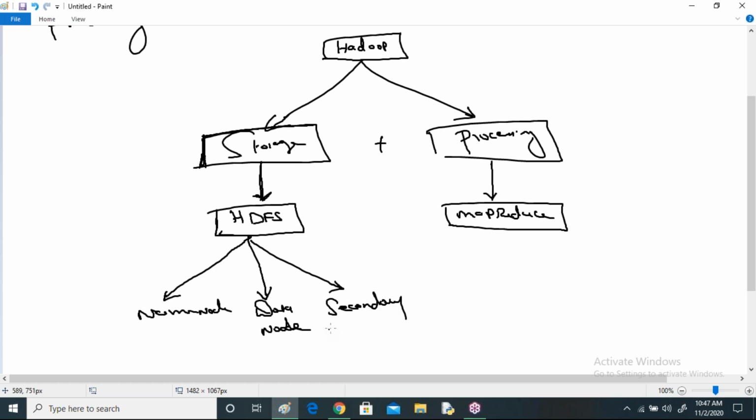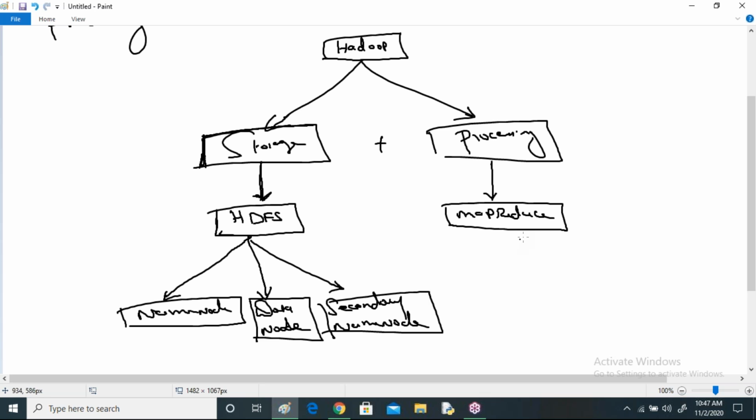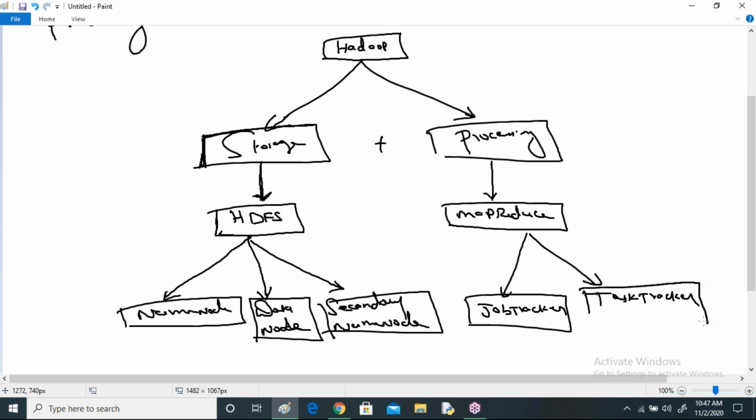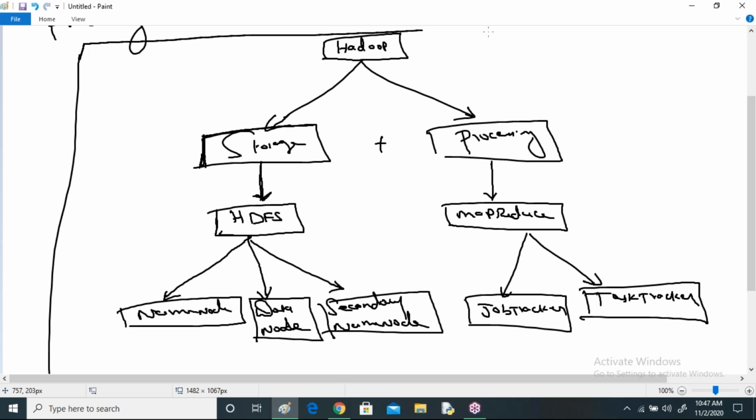Please be on mute. And for processing, we have got two components: job tracker and task tracker. So Hadoop provides two services: storage and processing.